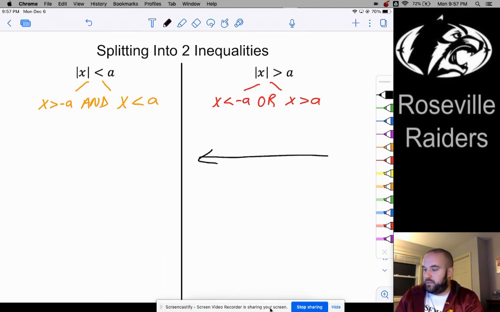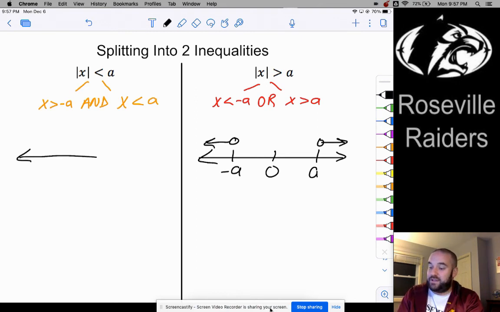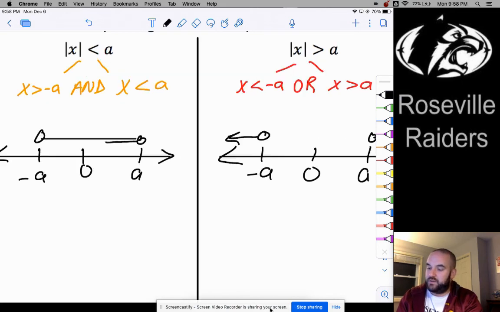So if I put this on a number line real quick, x is greater than a would be open circle shading towards the right. x is less than -a would be open circle shading towards the left. If I have an and inequality, okay, I need x to be less than a, but I also need x to be greater than -a, so I kind of get this in-between shading business.